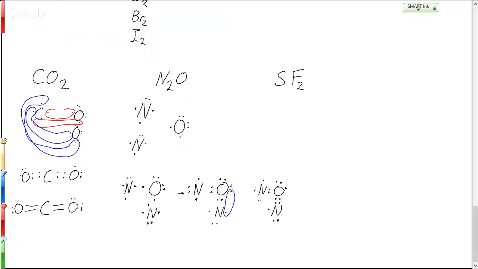So now I've got this, 1, 2, 3, 4, 5, 6, 7. I still haven't fixed the nitrogen issue because now nitrogen's got 7. And I screwed up the oxygen in the process because now oxygen has 9. You see that? The 9 of them all around there. 1, 2, 3, 4, 5, 6, 7, 8, 9. So that doesn't work either.